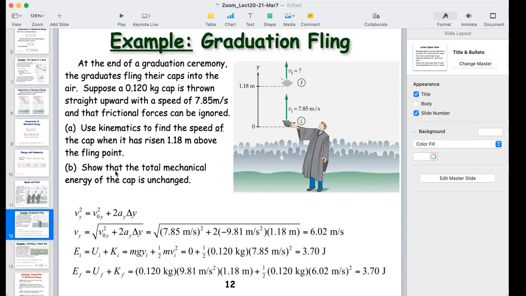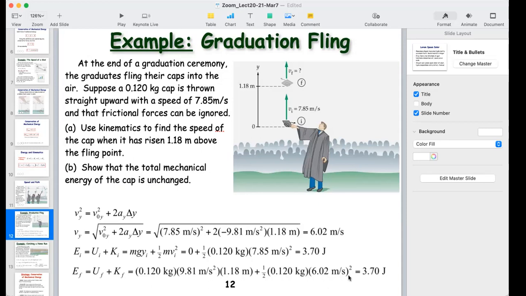And here it says, show that the total mechanical energy of the cap is unchanged. So we need to see that the final energy is equal to the initial energy. So the final energy is U final plus K final, which is 0.120 kilograms times 9.81 meters per second squared times 1.18 meters, this is the U final, plus 1/2 m, the mass, v squared.